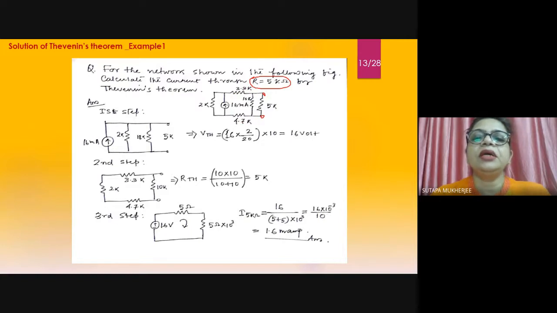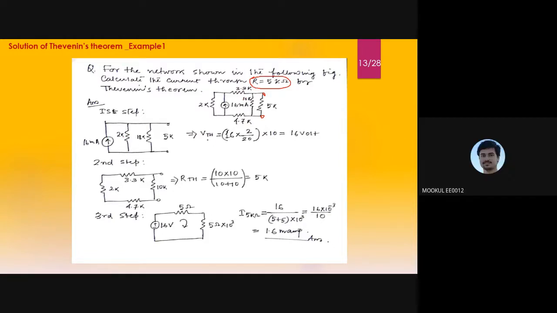Now the 3.3, 10 and 4.7, if you add these three resistances, 3.3 plus 4.7 will give 8, plus 10, that is 18K. So the 18K and 2K are parallel.